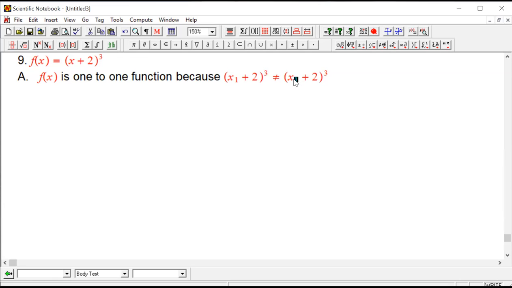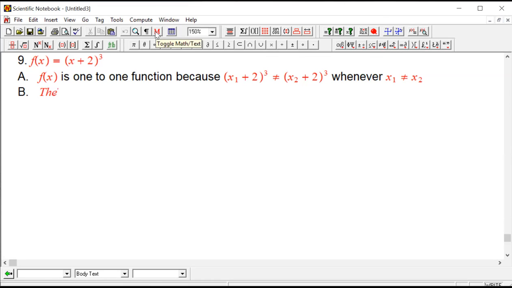So different input produces different output. And is that true? This is quoting the definition as it applies to this specific function. B, the domain of f is all real numbers.